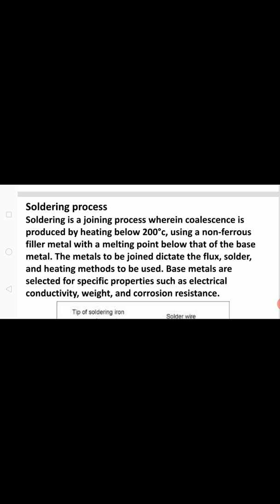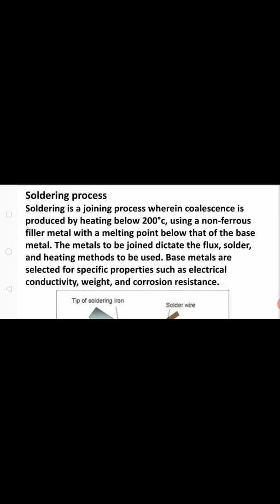Soldering is a joining process wherein coalescence is produced by heating a fusible material below 200 degrees centigrade, using a non-ferrous filler material with a melting point below that of the base metal. The metals to be joined dictate the flux, solder, and heating methods to be used. Base metals are selected for specific properties such as electrical conductivity, weight, and corrosion resistance.